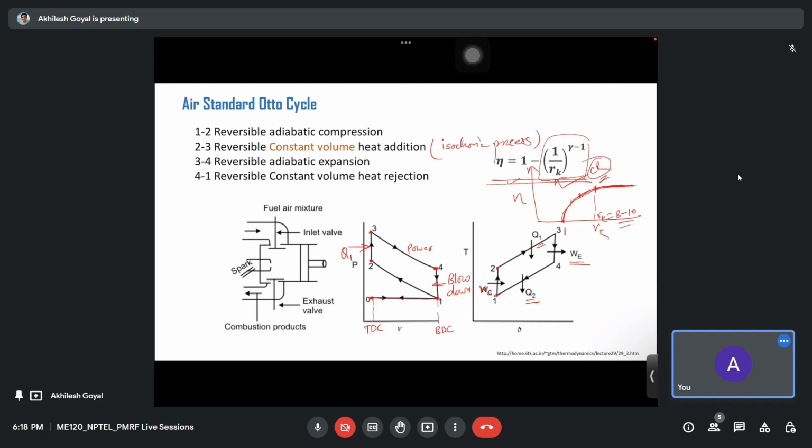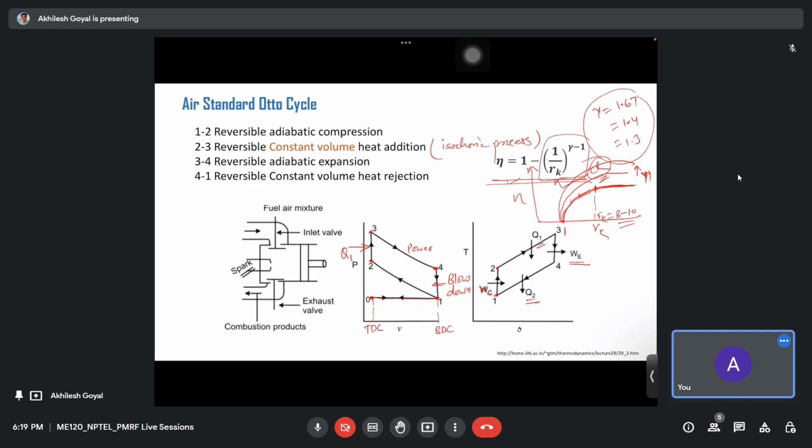This efficiency also depends on the value of gamma, and the value of gamma for monoatomic gases is 1.67. For gases like oxygen and nitrogen it is 1.4, and for CO2 and similar gases it is 1.3. So as the value of gamma increases, the efficiency also increases.